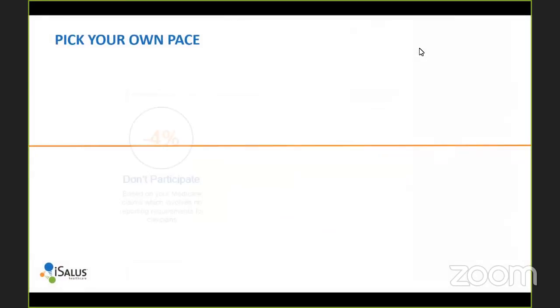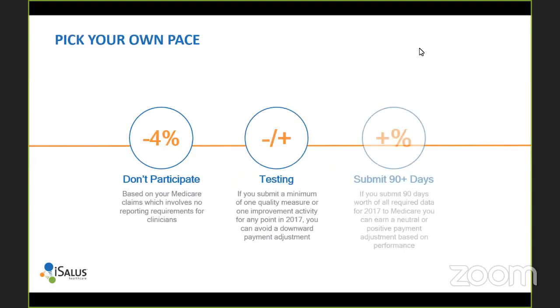So just want to let you know you've got options this year as far as if your clinicians are eligible to participate. Obviously, everything in life is a choice. So you can, first of all, do nothing. Just to let you know, if you do nothing, that's okay, but you will be seeing in 2019 a 4% payment penalty on your reimbursements from Medicare.